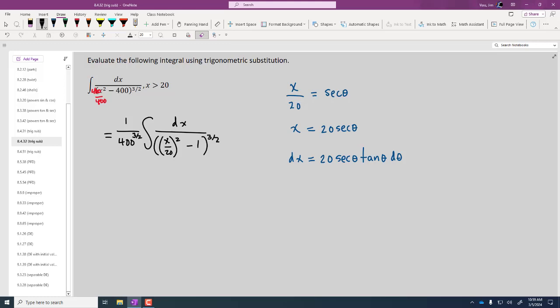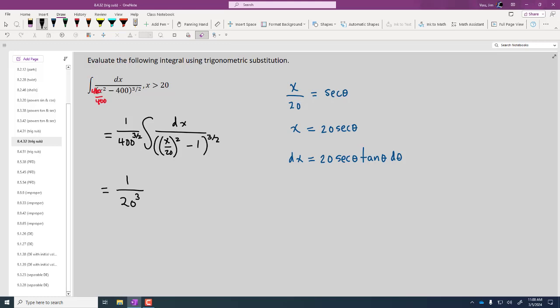All right, so out in front, the square root of 400 is 20. Remember, we do the denominator first. So the square root of that is 20, and then we have 20 cubed. Let's just write it as 20 cubed for a minute. So we're going to get at least one 20 from the dx. Exactly. We know we're going to cancel at least one of them.